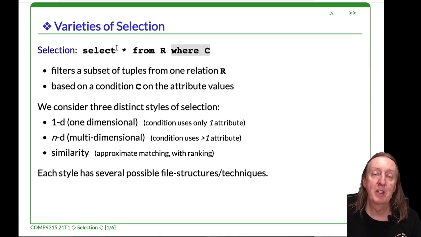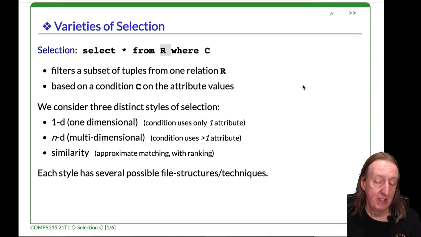So what you end up with, if you run a query like this, is a subset of the tuples from table R, and all of those tuples obviously satisfy that condition. Right, so this condition can have several different flavors. You can ask a condition that only involves one attribute.